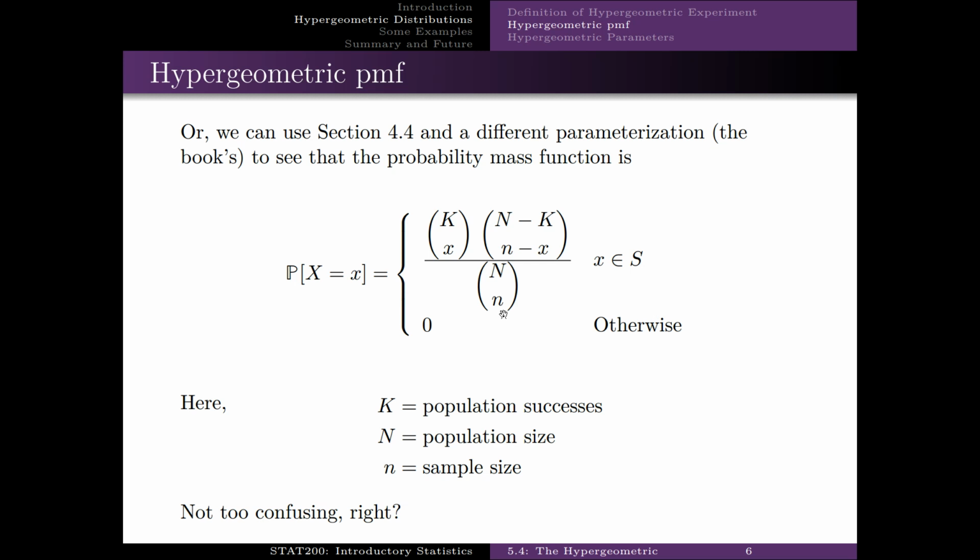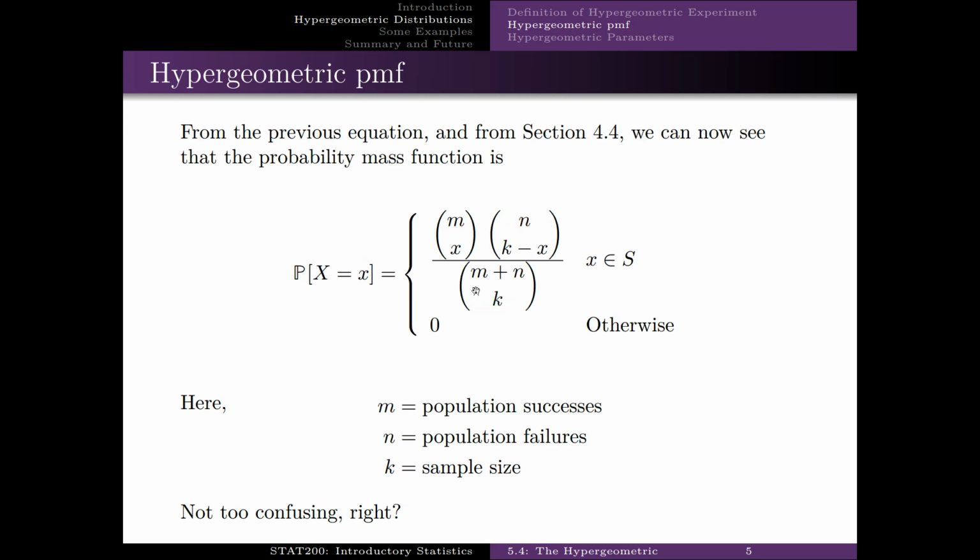They say the same things. They're using different letters to represent what those things are, but they're saying the same thing. This is the number of ways of getting X successes from the population. This is the number of ways of getting your specific number of failures in your population. And this is the number of possible samples you can draw from that population. Same as it was for the previous.